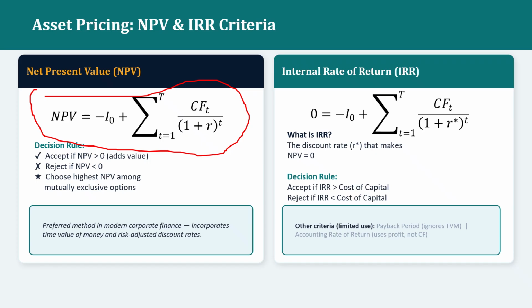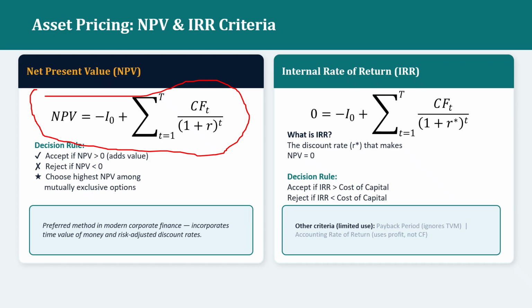Now, if we have several mutually exclusive projects, that is, we cannot take all of them, we have to choose the one which gives us the highest positive net present value, assuming the projects are comparable. NPV is widely considered the preferred, or gold standard, method in modern corporate finance.